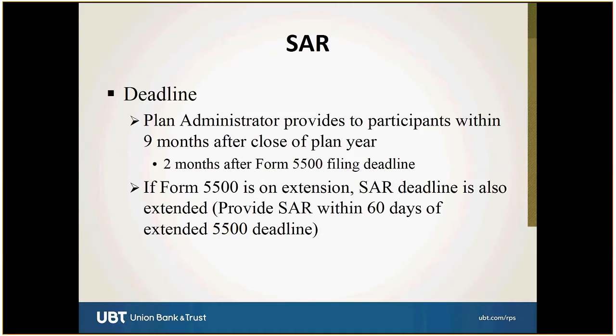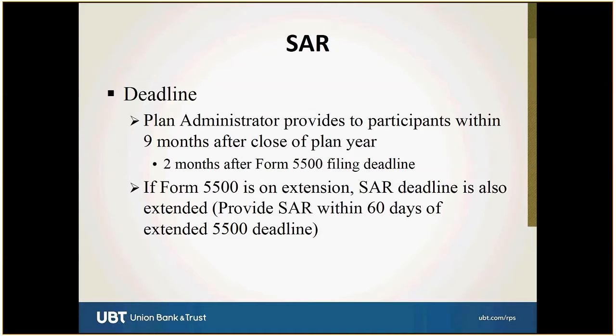Plan administrator must provide the summary annual report to participants within 9 months after the close of the plan year. This is 2 months then after the deadline for filing the Form 5500. So for a calendar year plan, it's the end of July for the Form 5500 filing deadline, then the end of September, if I've got that right, August and September, that you've got to distribute the SAR.